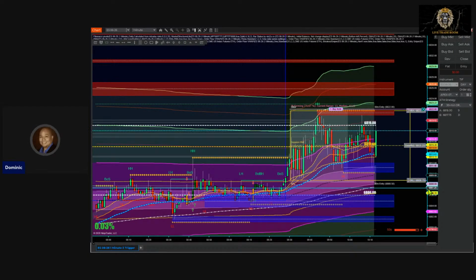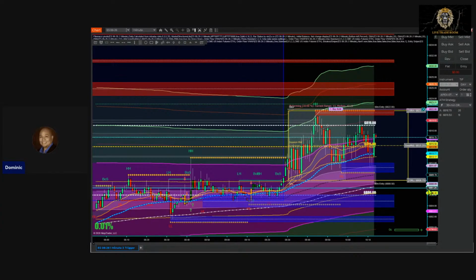Looks like it can try. Let's see. It's bouncing off the value area high. Again, let's see if it has enough momentum. We may end up losing this trade. I don't think the momentum is there. That's why I'm only doing one contract.